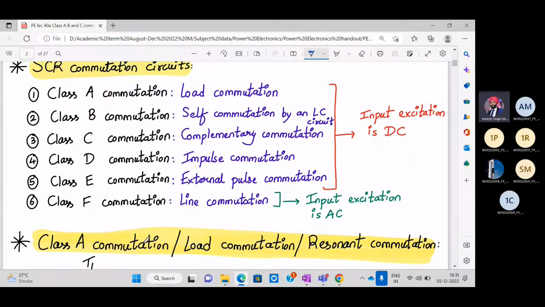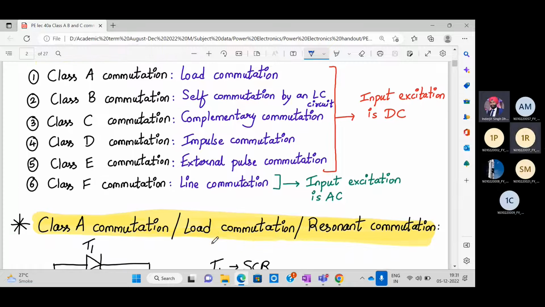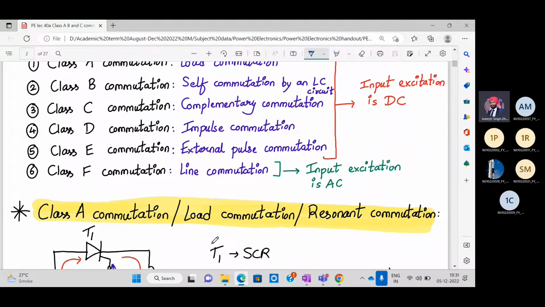Now, class A commutation is also called resonant commutation, or it's also called load commutation. Can I proceed? Okay.